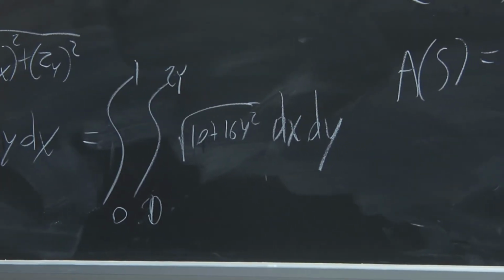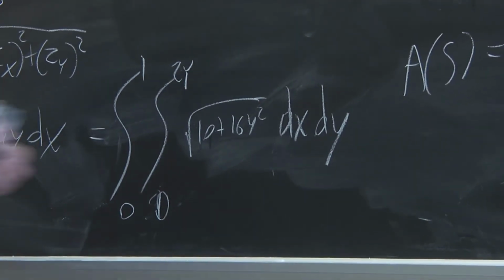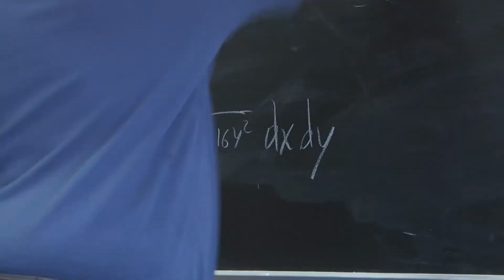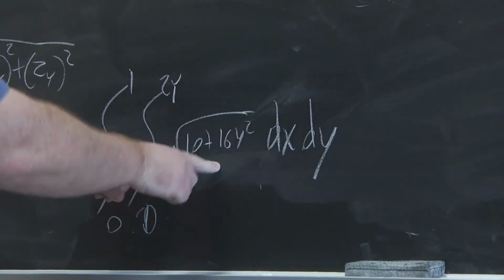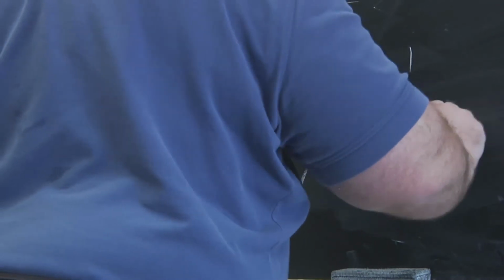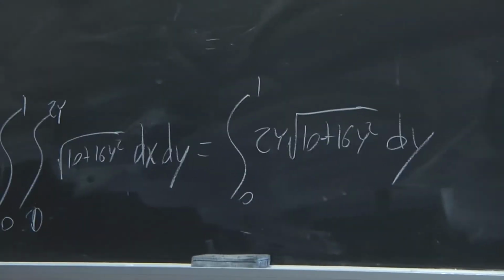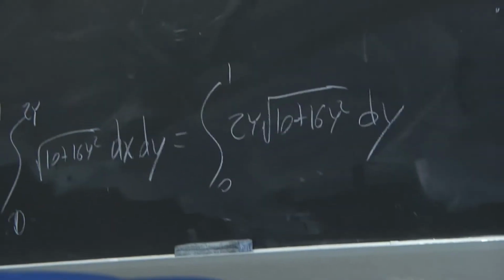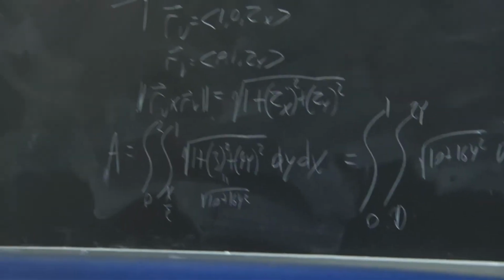So when you integrate, you're going to get x times this, and then you plug in these limits for x. So now you're going to get the integral from 0 to 1 of 2y times the square root of 10 plus 16y squared dy. This is much easier to handle, because what can we do now?